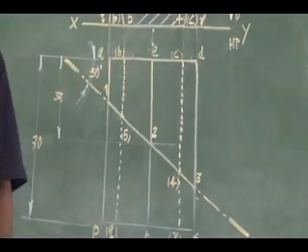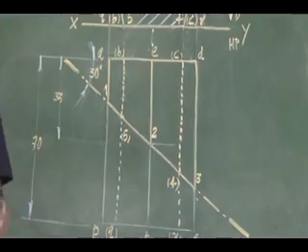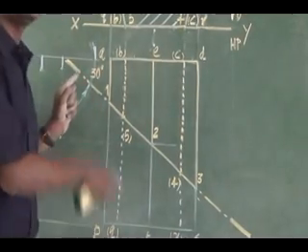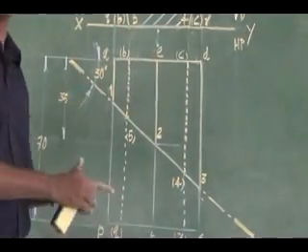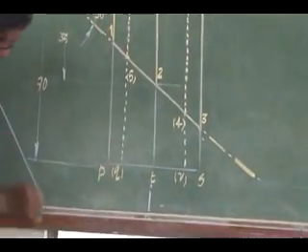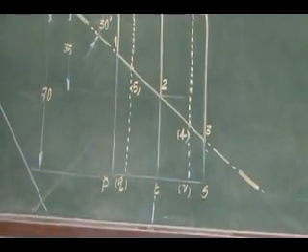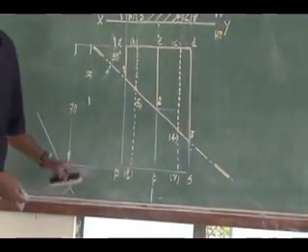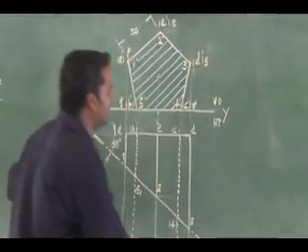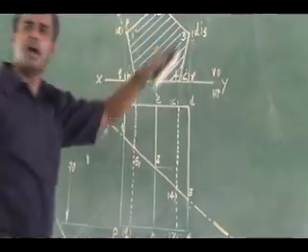Then you go for the true shape of section. Listen. True shape of section will be obtained by drawing a new reference line parallel to the cutting plane. If you have space here parallel to the reference line, I can draw it. I can extend my cutting points perpendicular to this. I don't have space here. What can I do? I can draw a new reference line parallel to this somewhere here, and I can extend upward also.